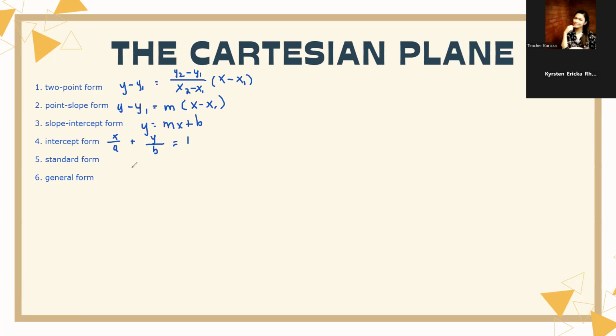We have the standard form, yung kanina na sinolve natin, where we have ax plus by is equal to c. And then we have general form, which is ax plus by plus c is equal to 0. Okay? So, let's try to do some practice.